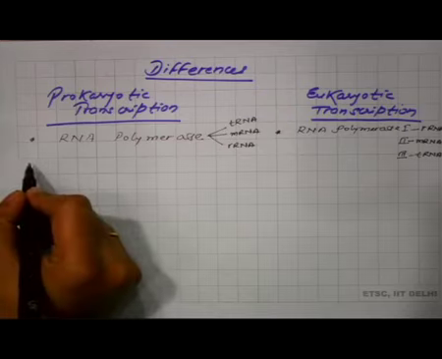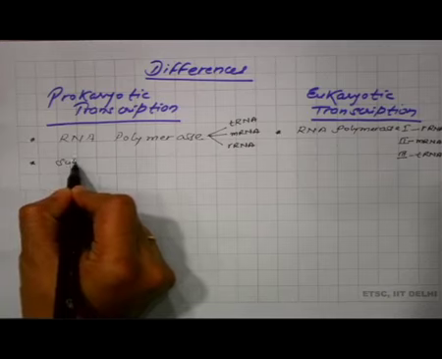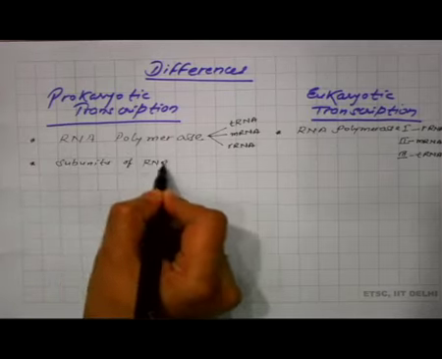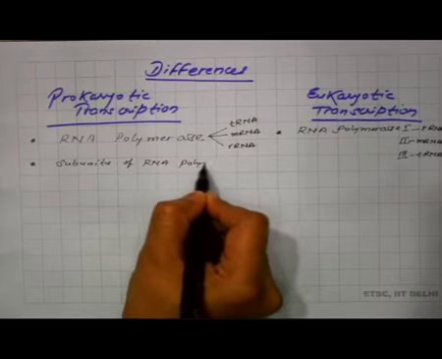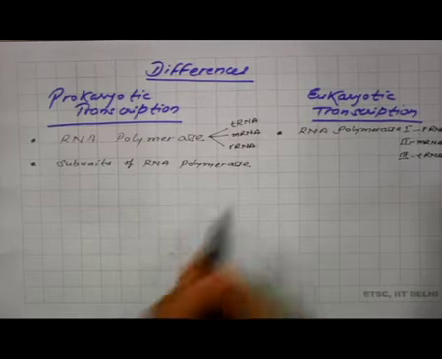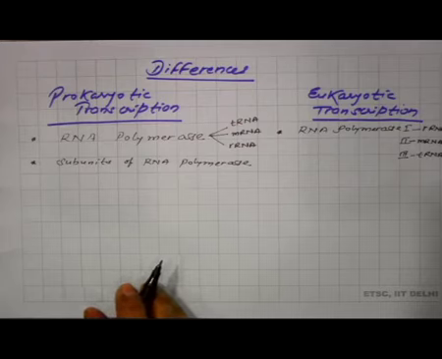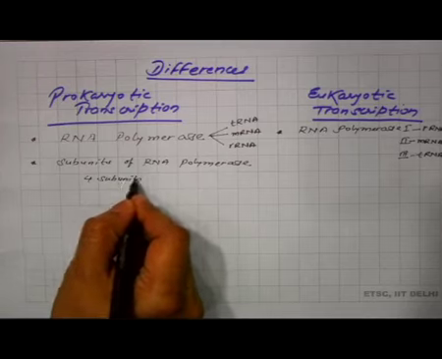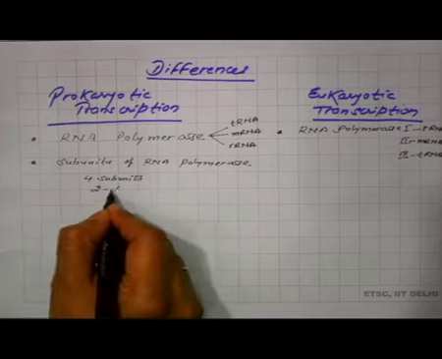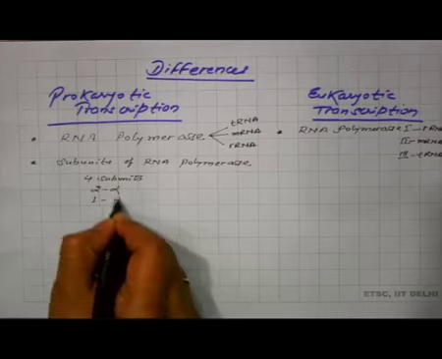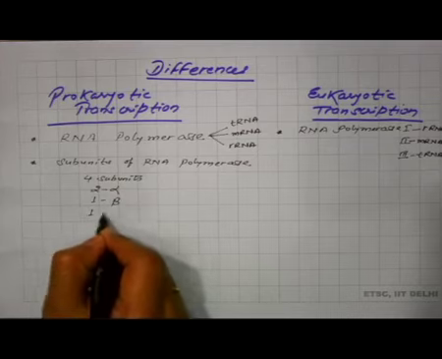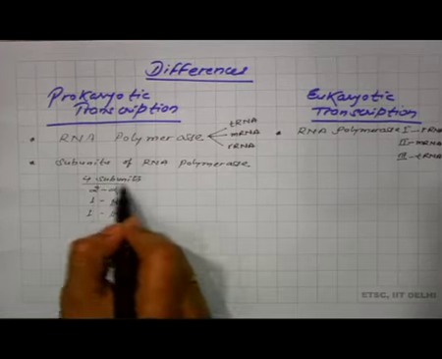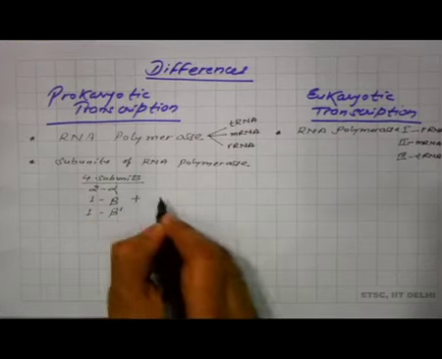Now, we talk about the subunits of RNA polymerase. If you can recall, the prokaryotic RNA polymerase has 4 subunits: 2 of alpha, 1 of beta, 1 of beta prime, and these join together to form the enzyme along with the sigma factor.